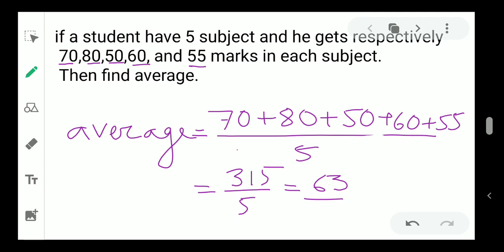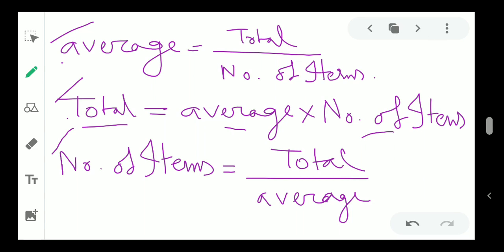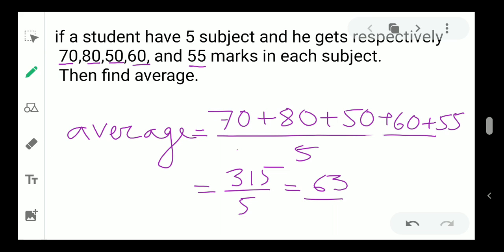That means the numerator part will be the total, that is this formula, the first one. Average is equal to total divided by the number of items. So first make sure that you find out the total, then you have to divide by the number of items. So here we have 5 subjects.